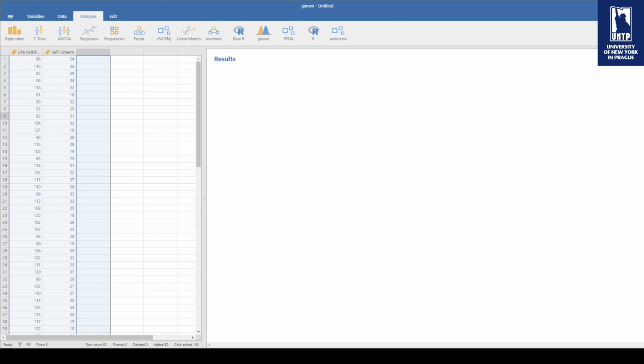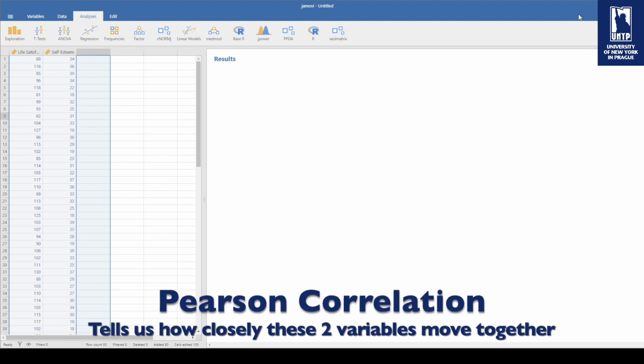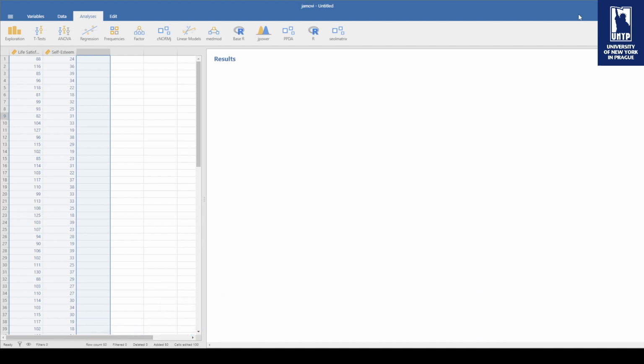In our case, we have life satisfaction and self-esteem. Pearson's r can tell us how closely these two variables move together in the same or opposite direction. So, the more life satisfaction, the more self-esteem; the more self-esteem, the less life satisfaction, what is going to be?